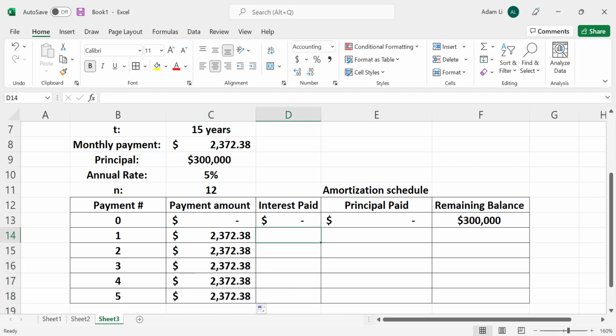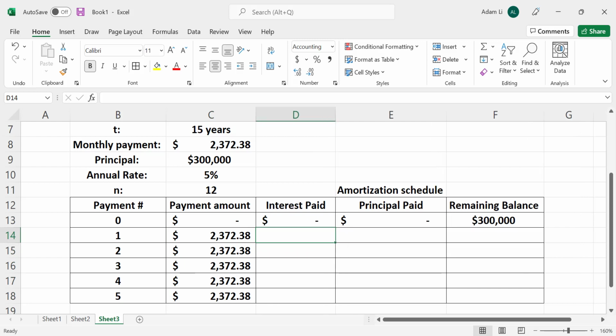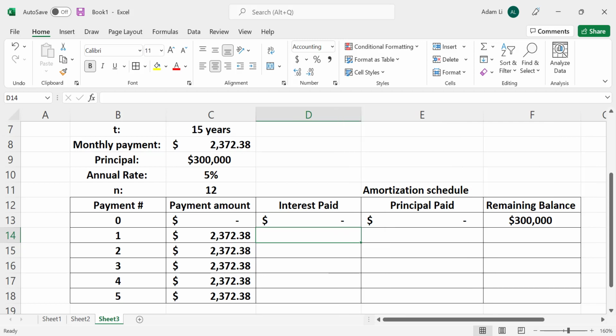Now, first of all, let's calculate the interest. As you can see, the first interest will be the same. It's going to be 300,000 times 5% over 12, so the monthly interest is $1,250.